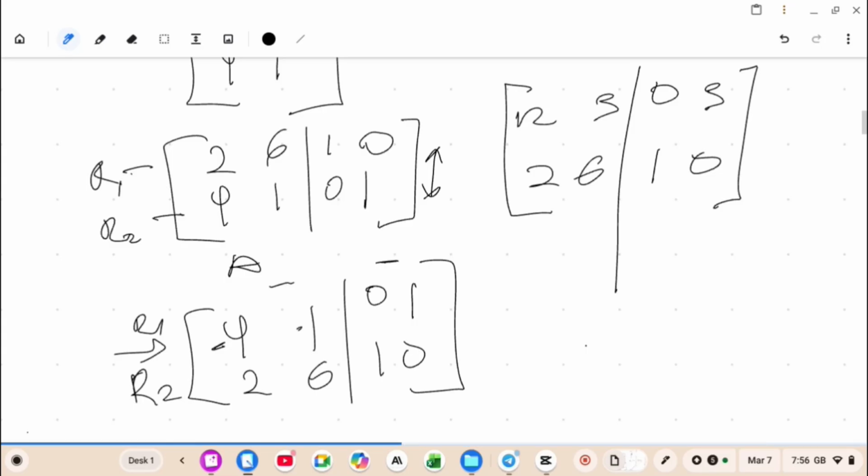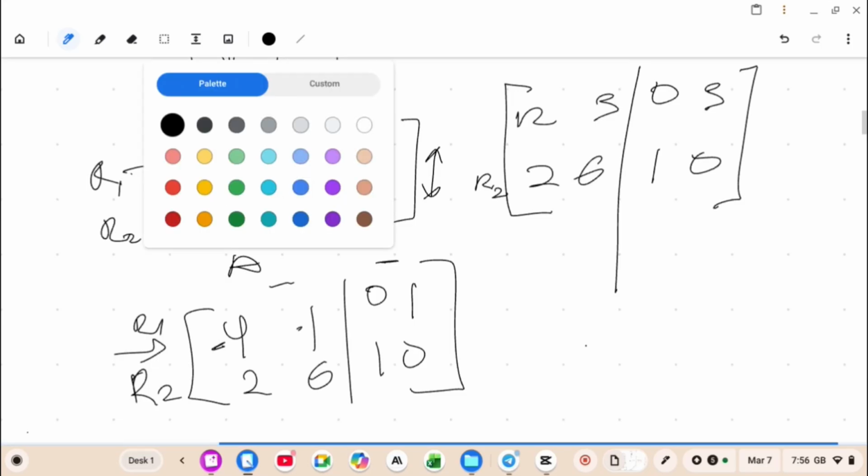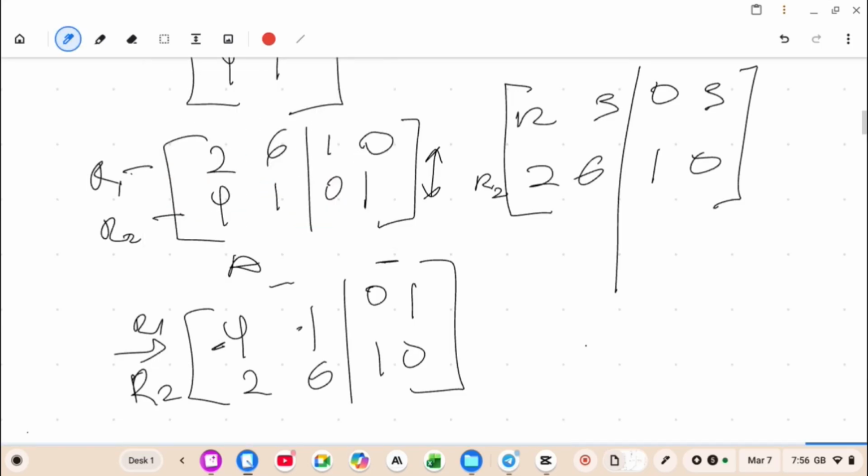Another way we can solve to get an identity element is by subtracting one row from the other row. So we can subtract this row 2 from row 1. Let's say row 1 minus row 2, so it will be 12 minus 2.